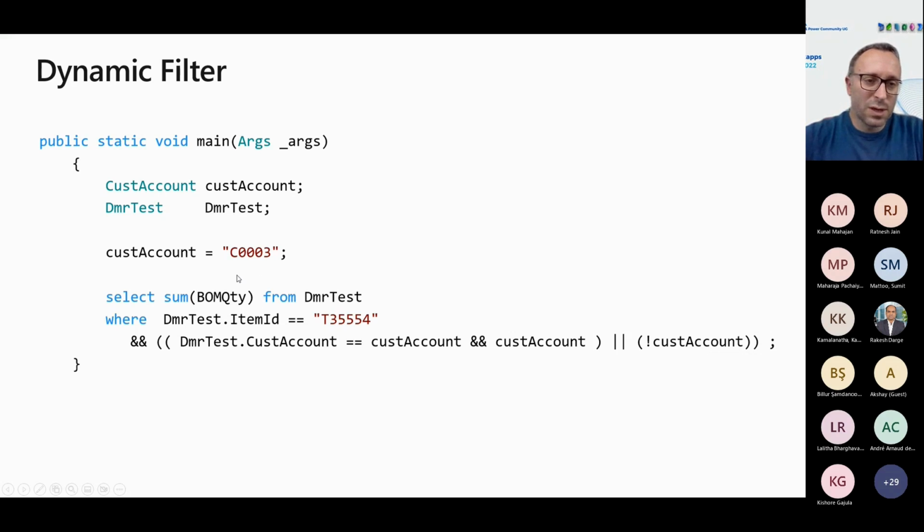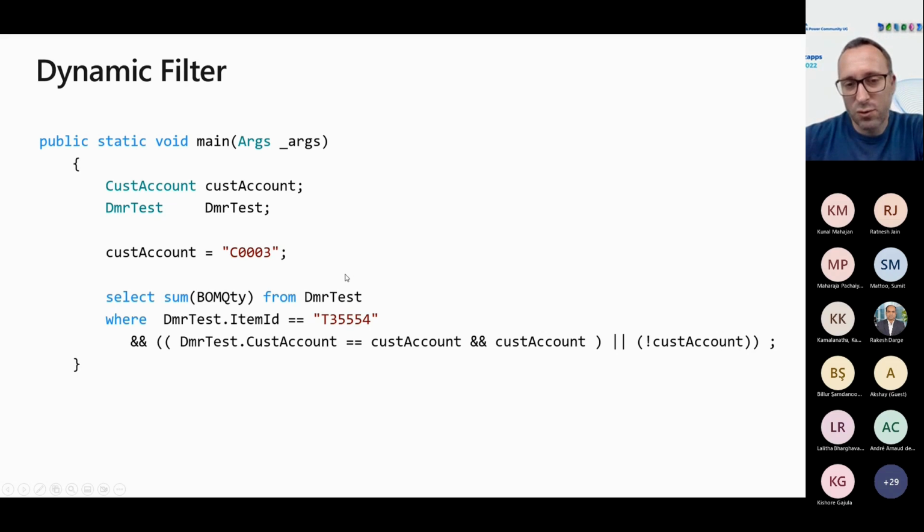For this one, you would otherwise need to write an if statement. Of course, you can write if cast account is not empty, add a filter, else remove this filter. But think if this variable is more than 1, 3, or 4, then you need to create a combination. It's impossible. Of course, you can use query framework.